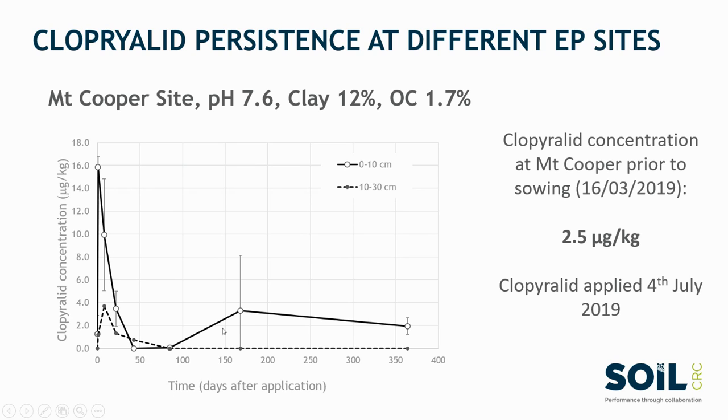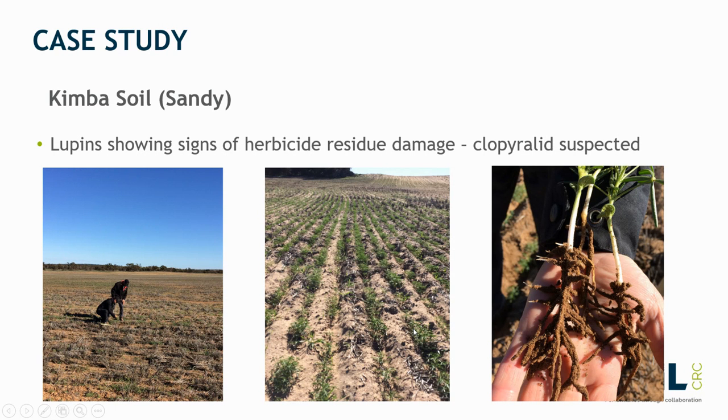Interestingly, though, after 100 days, we're seeing an increase in clopyralid concentration in the soil, and we think that's because of breakdown of some of the crop material and eventually the crop stubble, which is re-releasing clopyralid back into the soil.